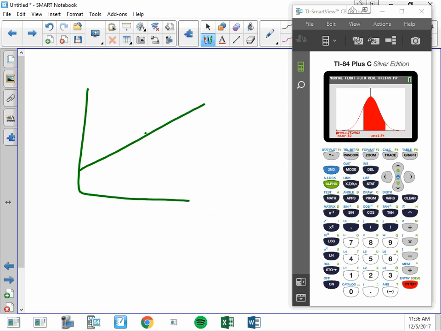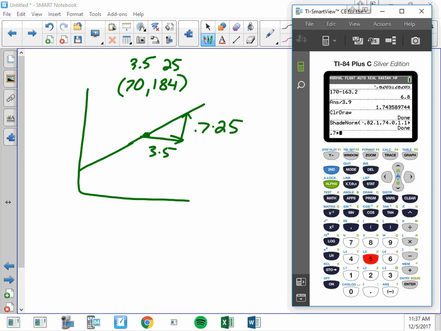So I know that my point of averages is 70, 184, and my SDs are 3.5 and 25. So I'm going to go right 3.5, and I'm going to go up 25. I wrote that wrong. And I'm going to do 0.7 times 25 and divide by 3.5, and that will give me the slope. 0.7 times 25 divided by 3.5 is 5.